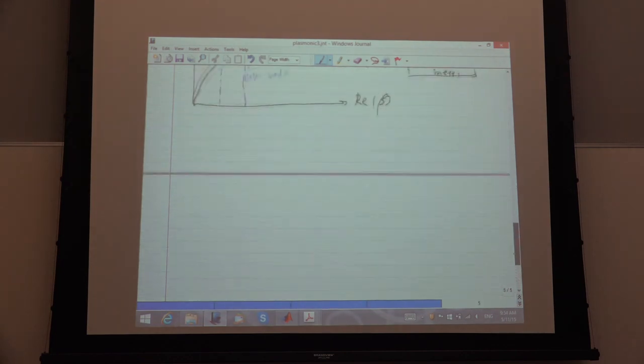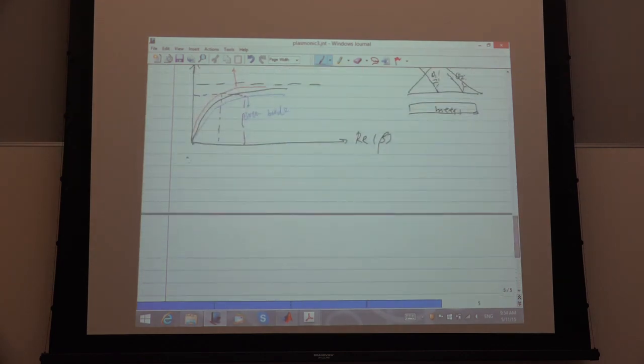But I think the most interesting thing is the imaginary part. That is the complex dispersion curve, the imaginary part of beta versus omega. Let me draw this picture. It is also similar to that, something like this.